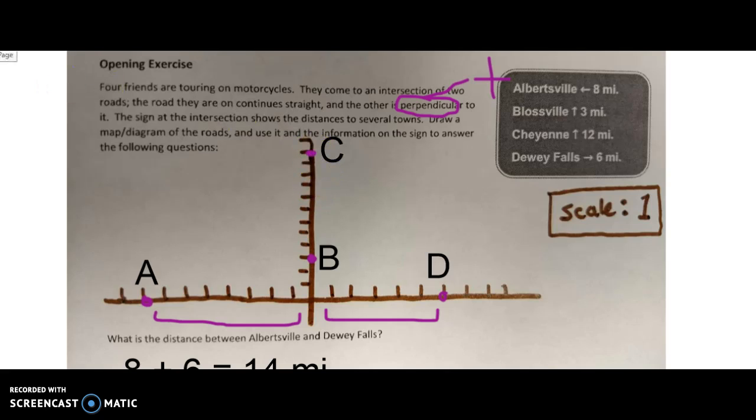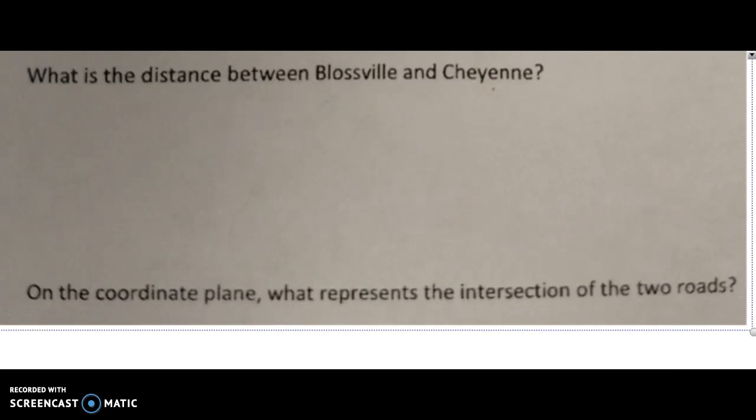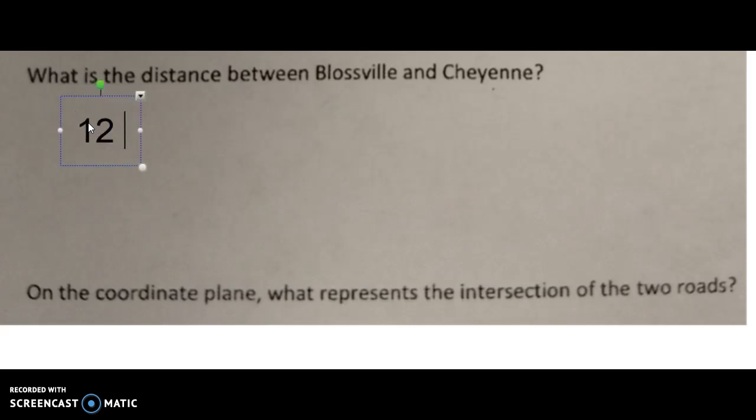So what I'm actually doing here is I'm subtracting. I'm only counting this distance here, which either requires me to count my units like I did, or I can subtract. So I'm going to show my work here, and I'm going to go 12 minus 3 equals 9 miles.